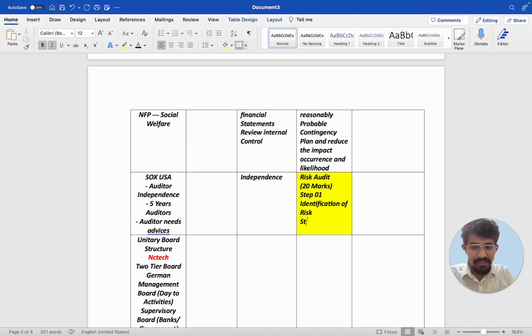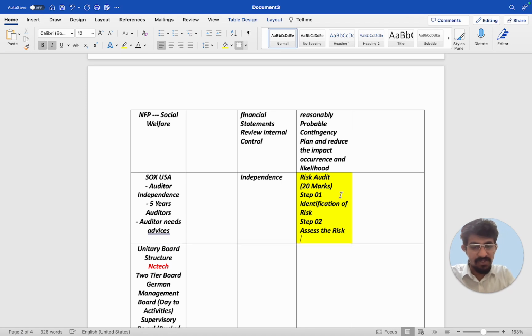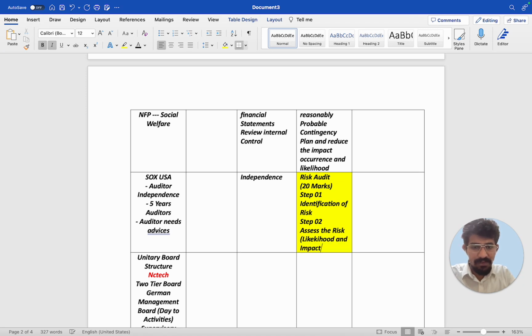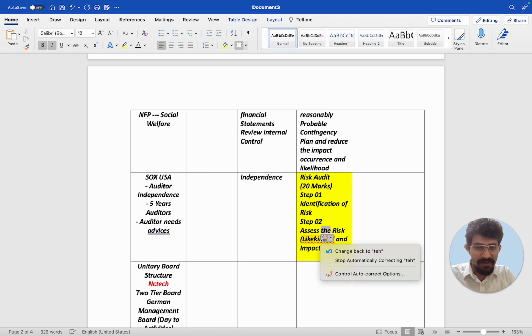Then, step two, you have to be skeptical, because it is important. Assess the risk. Look at the term I am using: assess the risk. That means you have to check the likelihood and the impact.